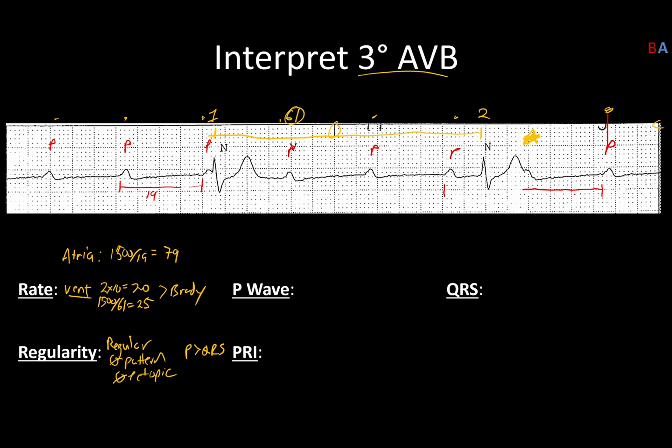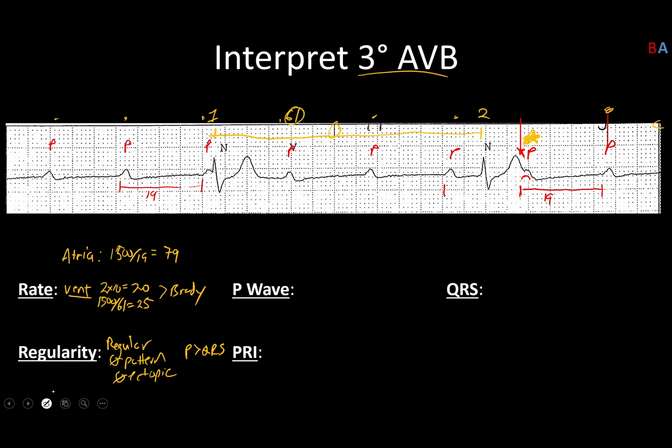So let's see, that's 5, 10, 15, 16, 17, 18, 19. Counting back by 19, this right here is actually my P wave. And that's my missing one that I was looking for. And that brings me up to 80, and that also tells me a few things, that the T waves are walking right over my P waves. It's good information to have.